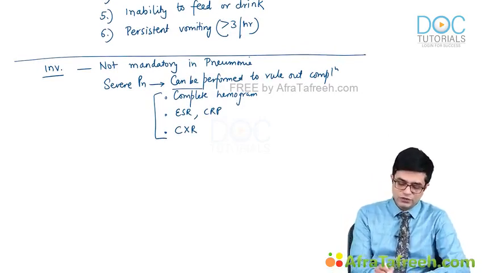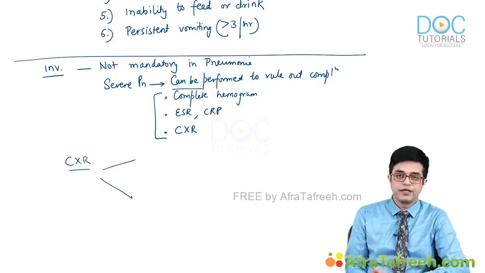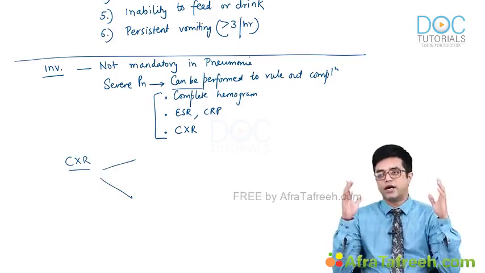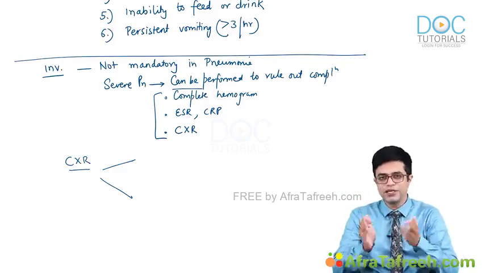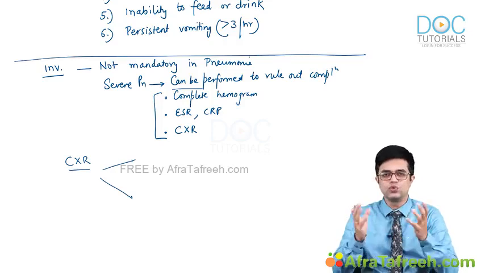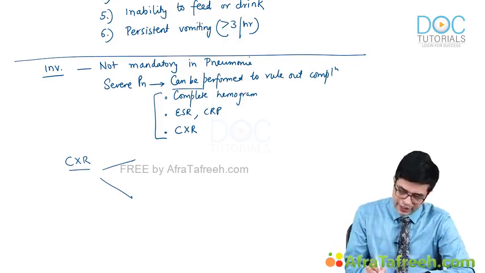Normally it is seen that when you do a chest X-ray, two types of patterns can be seen. Generally, there are 100 different kinds of patterns, but at your level, at MBBS level or pre-PG level, you need to understand that broadly two types of patterns can be seen. You can have a pattern in which there is lobar consolidation.